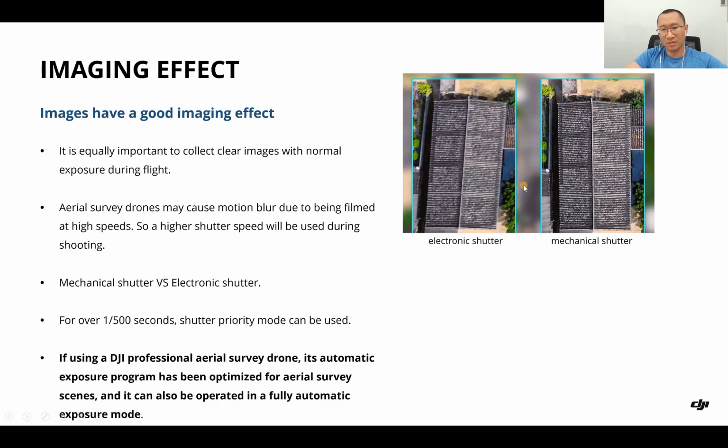We can see that the mechanical shutter can get a very sharp image even at very high speed, so we definitely need the mechanical shutter. If you're using a DJI professional aerial drone, its automatic exposure program has been optimized for aerial scenes, so it can also be operated in a fully automatic exposure mode.